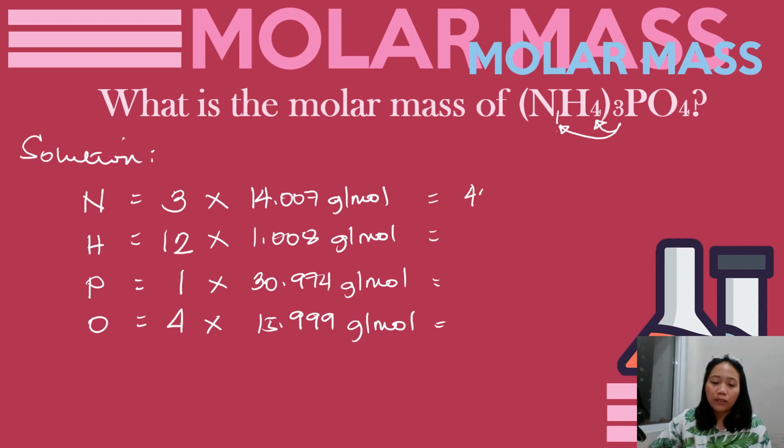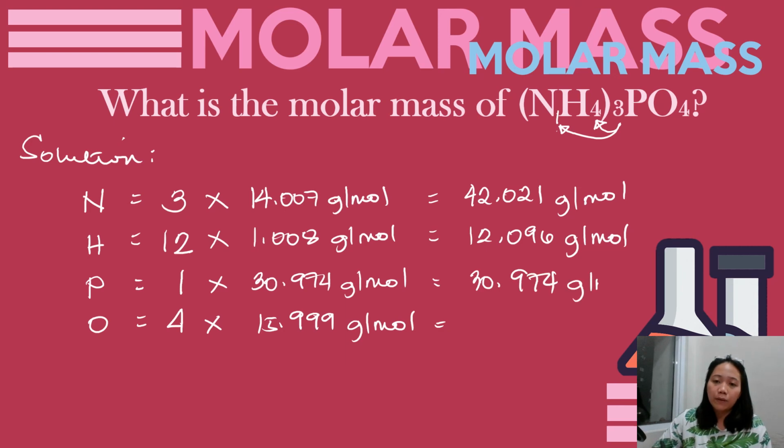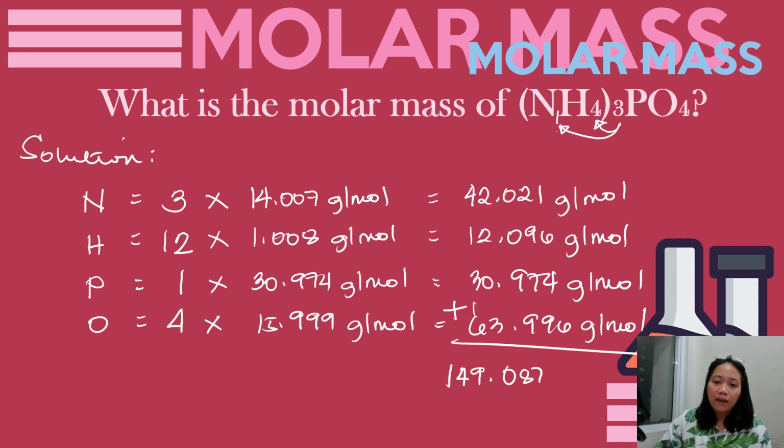Then you have now 42.021 grams per mole, 12.096 grams per mole. You have 30.974 grams per mole, 63.996 grams per mole. You add everything, then you will get 149.087 grams per mole.